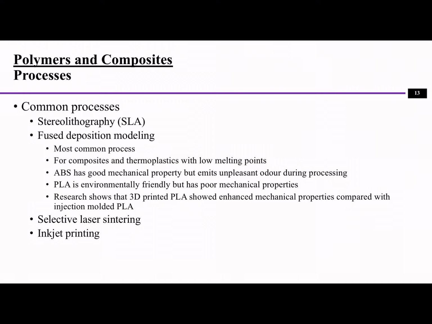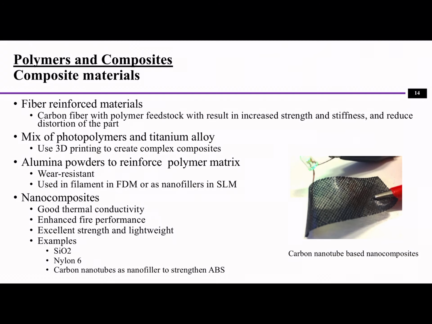But in some research, it actually shows 3D printed PLA had enhanced mechanical properties compared to injection molded PLA. And so the polymers can also be mixed with metals or ceramics.